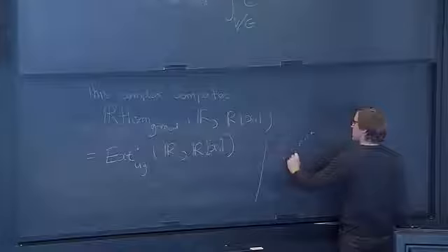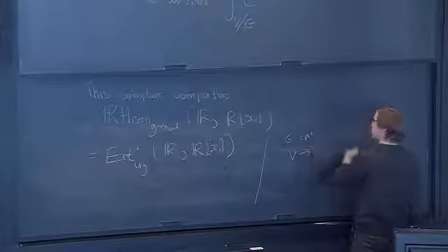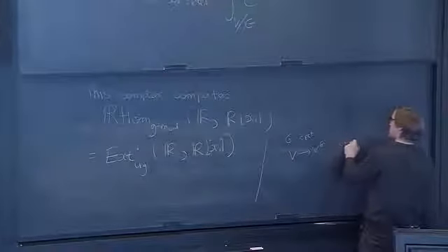So there's a map one way, but it's generally not an isomorphism. If I have a compact Lie group, so if G is compact, then the functor which sends a representation to its invariants is exact.